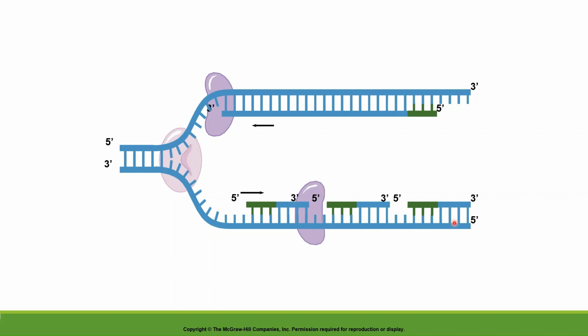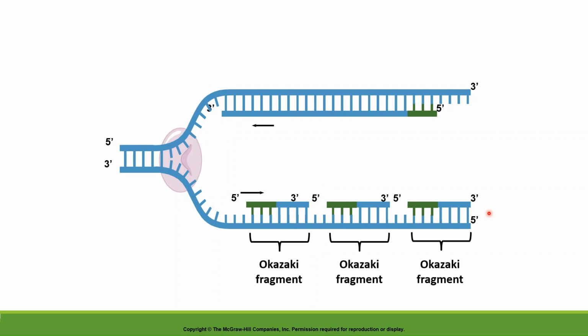And we'll talk a little bit more about how we fill in these gaps, but keep in mind now that we have two unique synthesized strands. We have a leading strand and we have what we call a lagging strand. And these little chunks of DNA that the lagging strand creates are named after the scientist who discovered them in Japan.